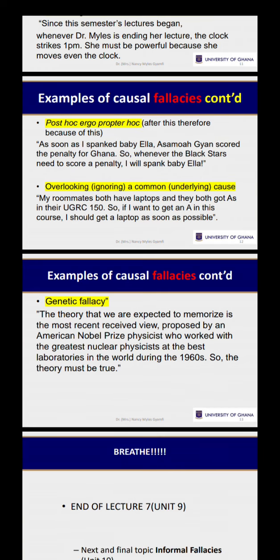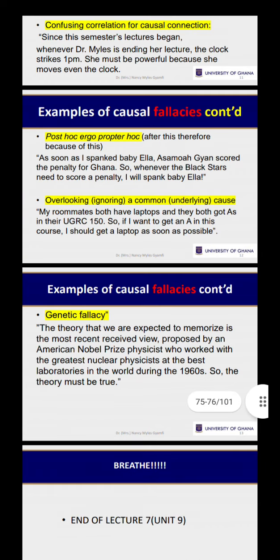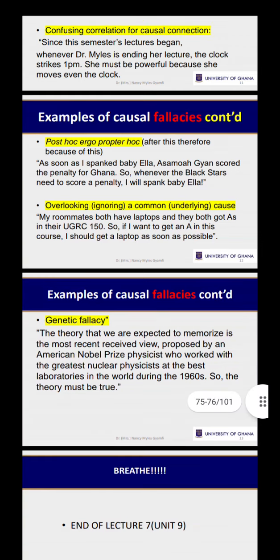So the person is saying that her roommates all have laptops, and they all had A's, so she also thinks it's time to get a laptop because she also wants to get an A. Yes, the laptop contributed to their success, but that does not mean that they had the A because of the laptop.